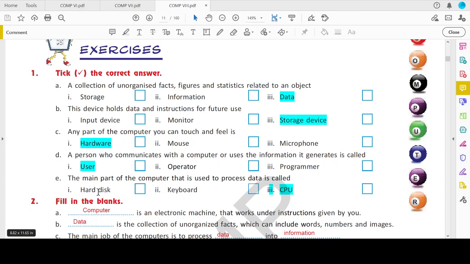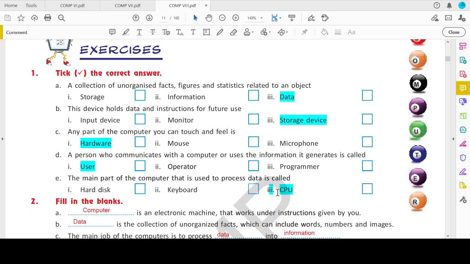It stores data permanently. Keyboard also does not process data. It takes the input from the user. We give input through the keyboard. We type some instructions through the keyboard. We type some data through the keyboard. So keyboard is an input device, not a processing device. So CPU is the correct answer.